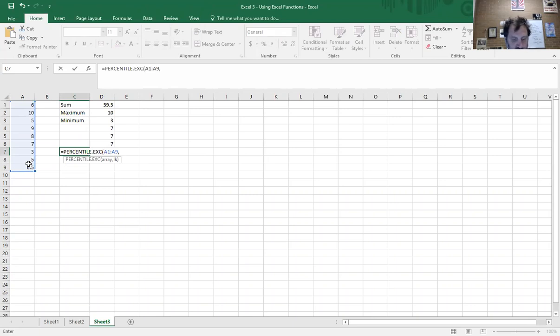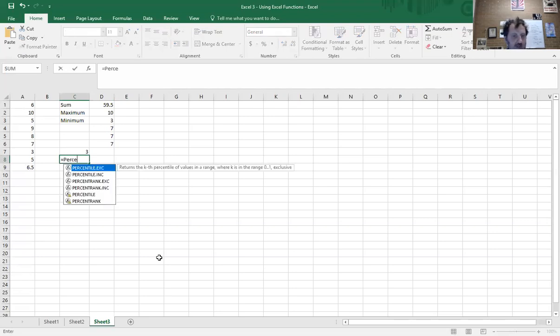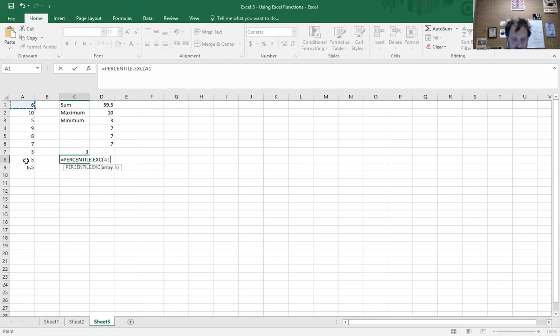So if we're looking for the 10th percentile, we put in the number 10%. Okay. If I put percentile, then I want the 90th percentile. And that's what I would get.